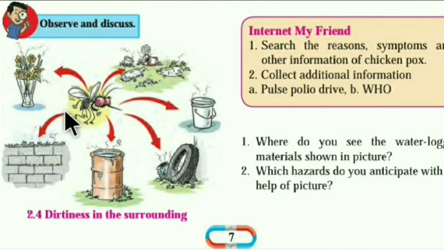So these are reasons for insects like flies and mosquitoes. Mosquitoes lay eggs in these waterlogged areas, and because of that, diseases like malaria and dengue get spread.